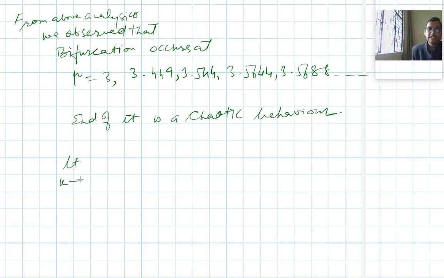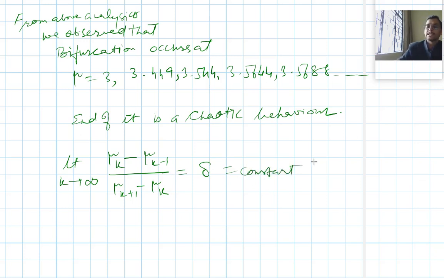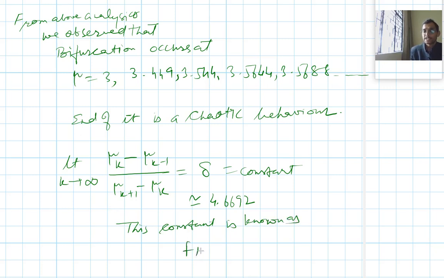If k approaches infinity, the ratio mu k minus 1 minus mu k over mu k plus 1 minus mu k comes out to be a constant number, nearly equal to 4.6692, and this constant is known as the Feigenbaum constant.